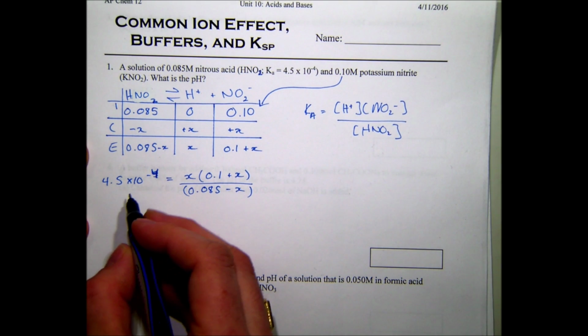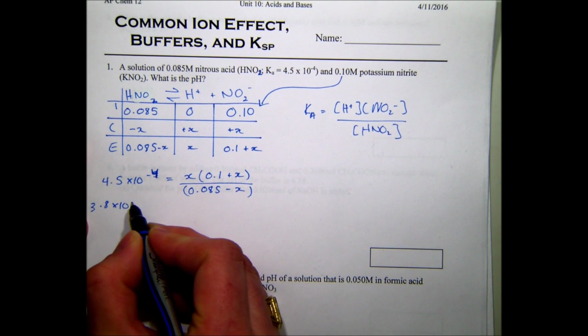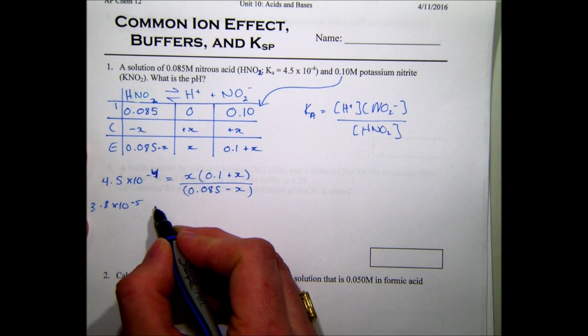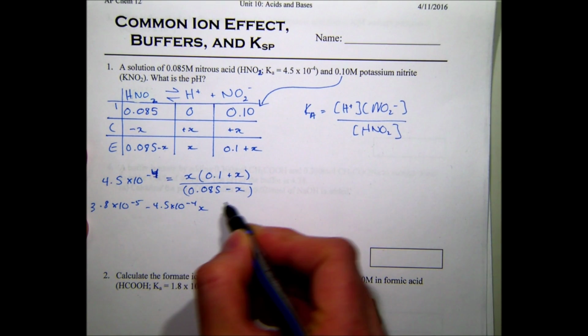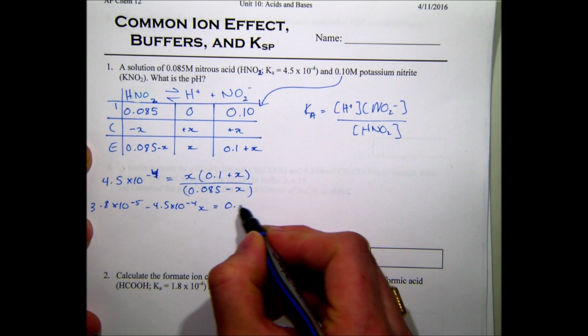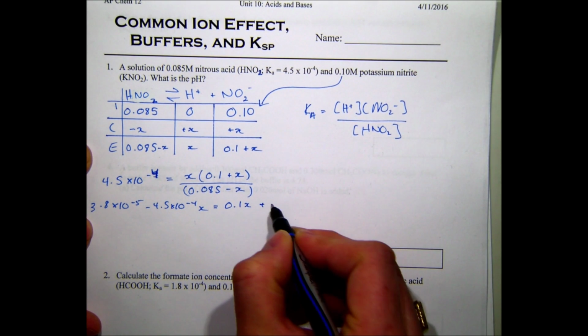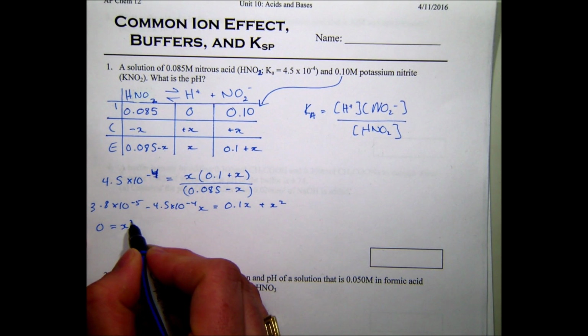So we start multiplying this out. 3.8 times 10 to the negative 5 minus 4.5 times 10 to the negative 4 x equals 0.1x plus x squared. Let's get this into quadratic form.